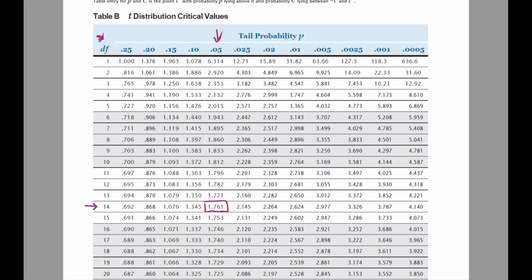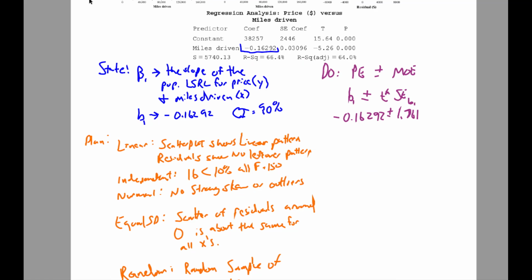So what we got on the calculator is exactly what you got on the table, because the table says 1.761. So therefore, that is why the easiest thing to use is that value right there. Whether on the calculator or on the table, you can figure out your T star value. Then our standard error of our slope, again, we said was this value right here.